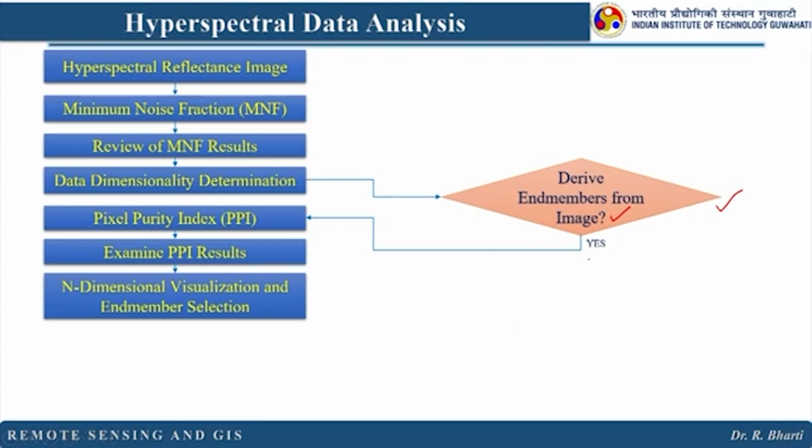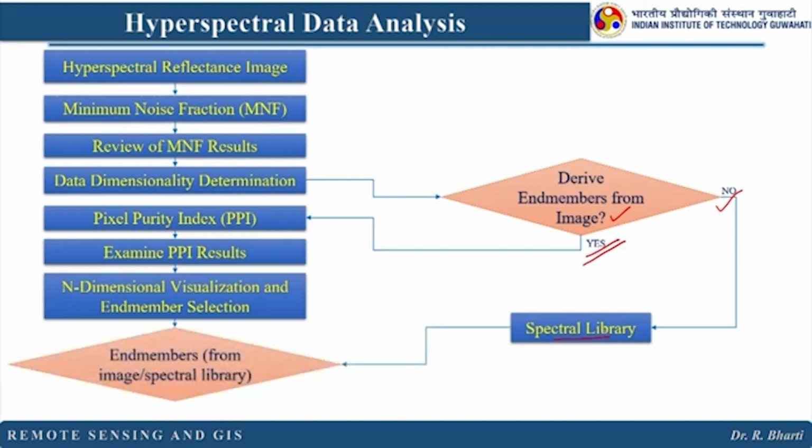In case you don't want to go for the image end members, then what can we do? We have already generated the spectral library from the spectroradiometer. Once we have that, then we can use this spectral library to match with our image spectra. Here we have a known spectral library where we know what the object or material is and what its chemical composition is, so for them we have generated the spectral library.